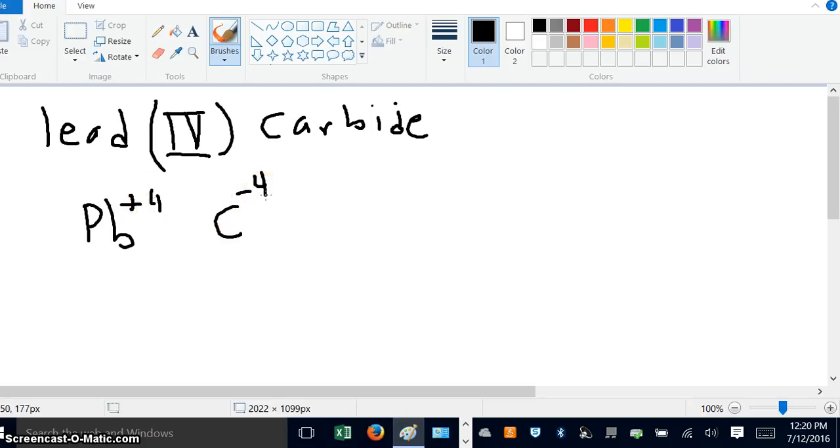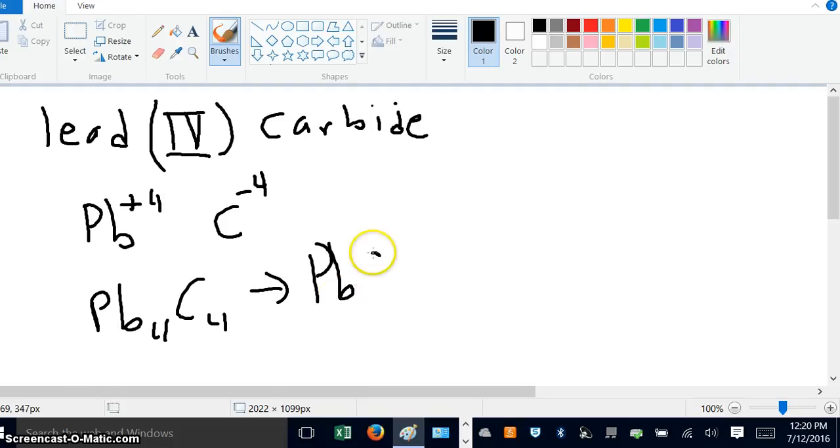You do the crossover technique, and you get Pb4C4, and of course we're going to reduce this to the least common factor, so that's going to be PbC. So that would be lead 4 carbide.